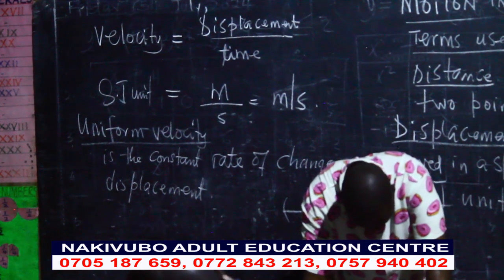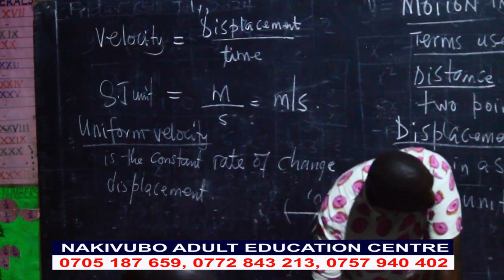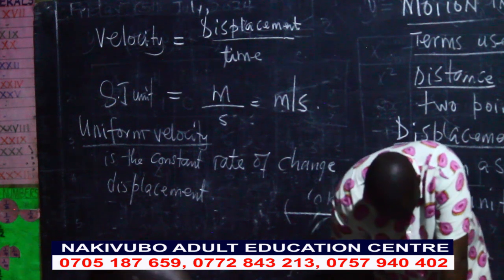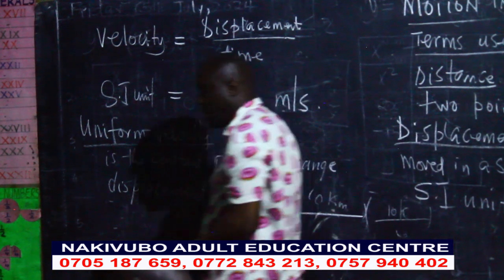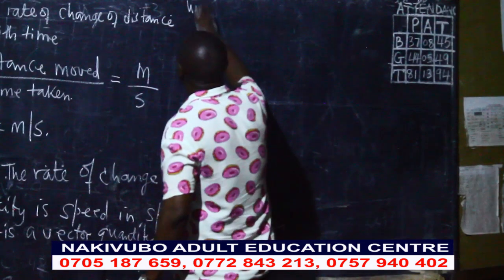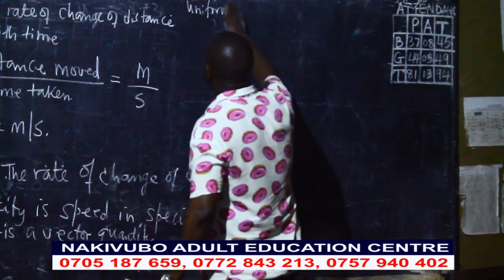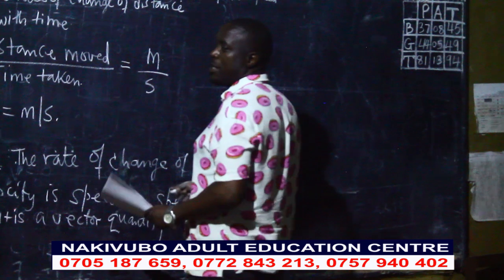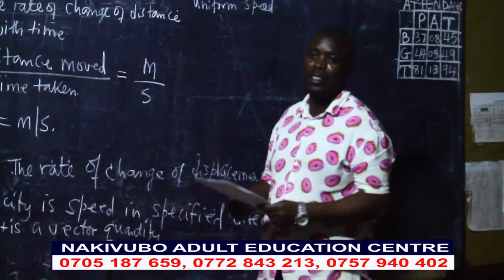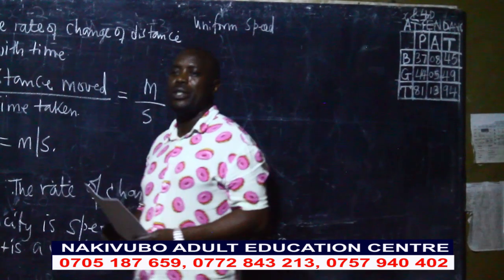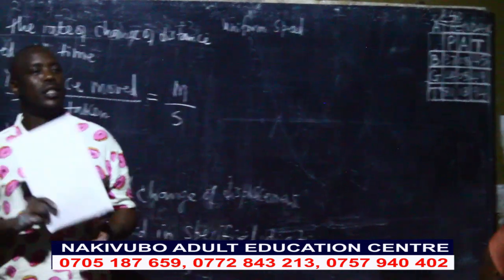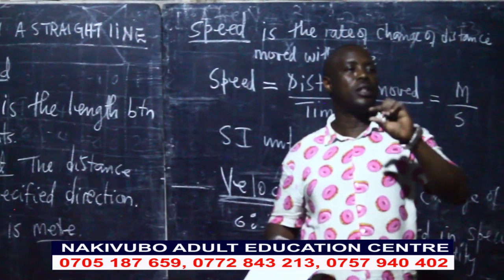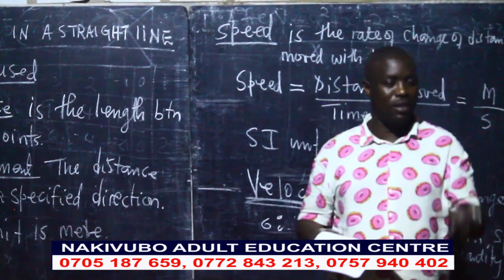Then we look at uniform speed. Speed is distance over time. So if you have uniform speed, it means you are not increasing, you are not decreasing.